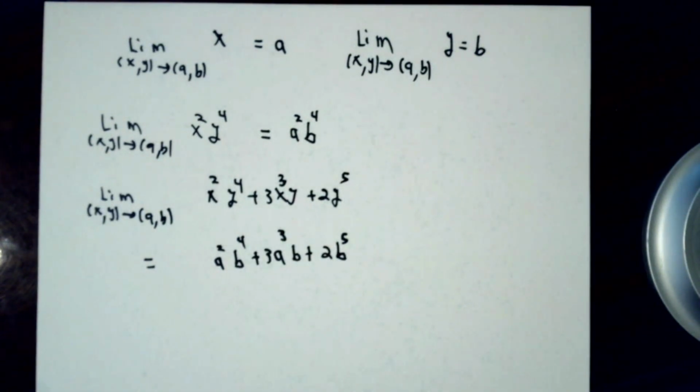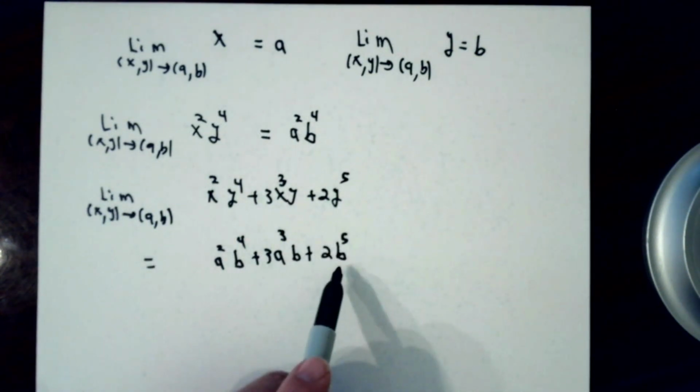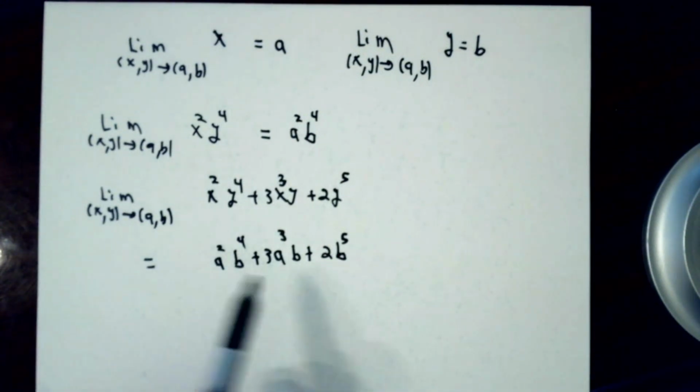And as y approaches b, an expression of this type, where I have terms that are either constants, variables, multiples of variables, or constants times positive whole powers of variables multiplied together, just like in ordinary algebra, we'll call such a thing a polynomial. With respect to taking limits, polynomials are extremely nice. You literally just plug the numbers in.